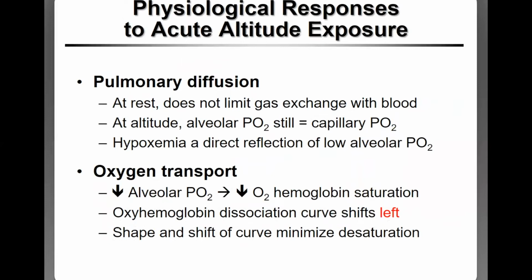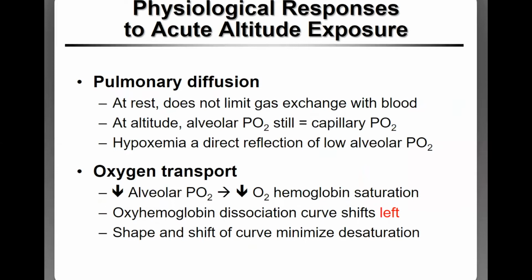So at rest, pulmonary diffusion is not limited by its ability to diffuse gas as far as dysfunction of the lung. The main factor is that low alveolar partial pressure that is a result of the low atmospheric partial pressure of oxygen.